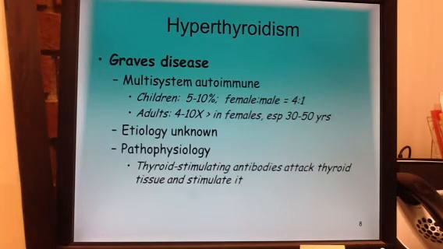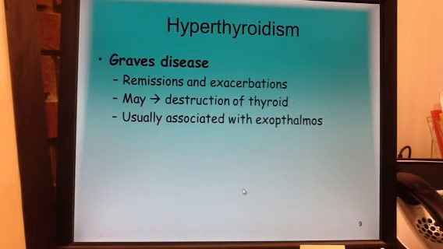In Graves' disease, you typically see remissions and exacerbations. It can progress to destroying the thyroid tissue. Graves' disease is usually going to be associated with exophthalmos. 20 to 40% of patients who have Graves' disease will have exophthalmos.